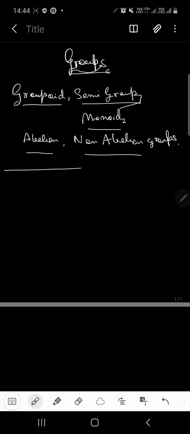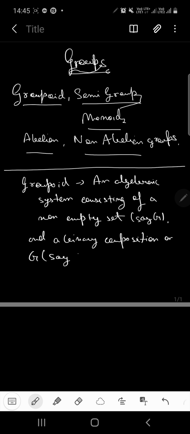So what is a groupoid? A groupoid is an algebraic system consisting of a non-empty set, say G, and a binary composition on G, say star.